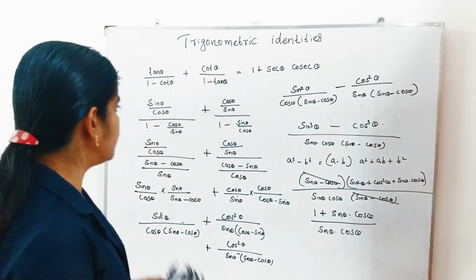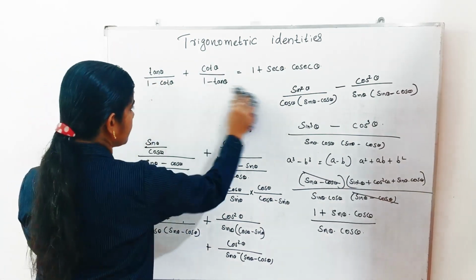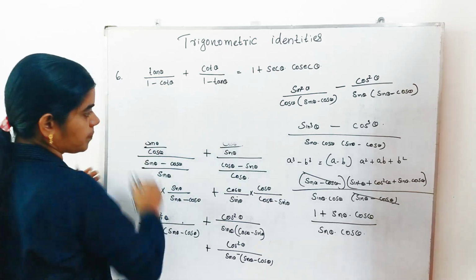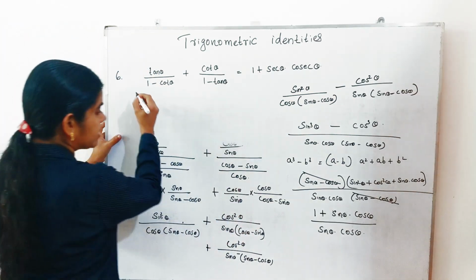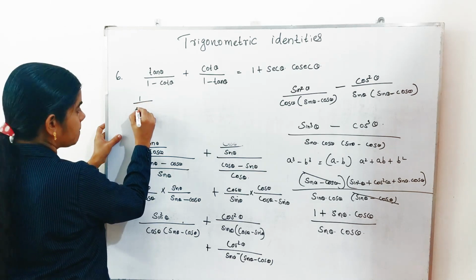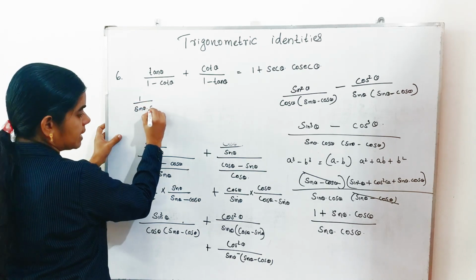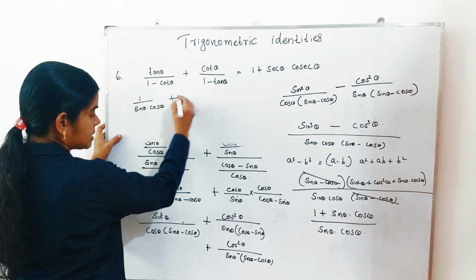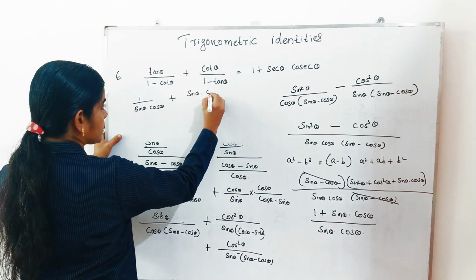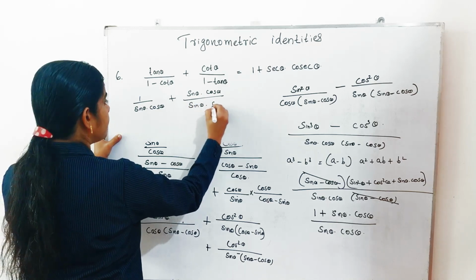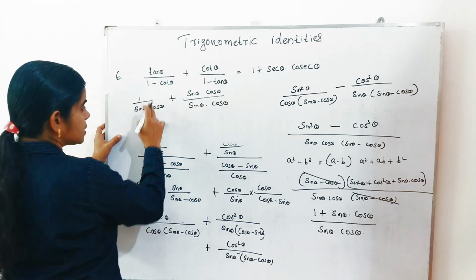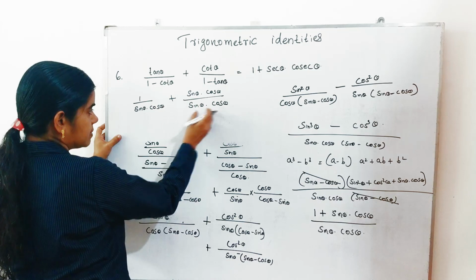Then we want to make one more. One that you can split as 1 by sin theta cos theta plus sin theta cos theta divided by sin theta cos theta. This will be 1. Okay.